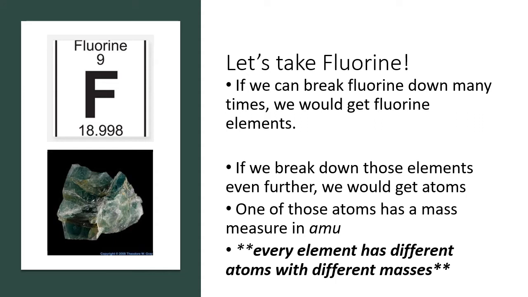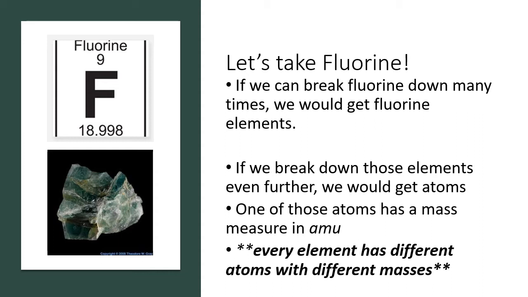Okay, so what does that mean? So atomic mass unit, let's say we take this chunk here of fluorine, okay? And let's imagine that we can chop it up many times, over and over and over again. So we keep chopping it up, and then we find that we break it down so many times that we get the element of fluorine.